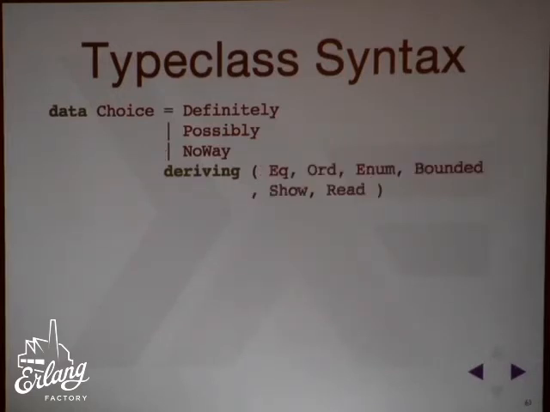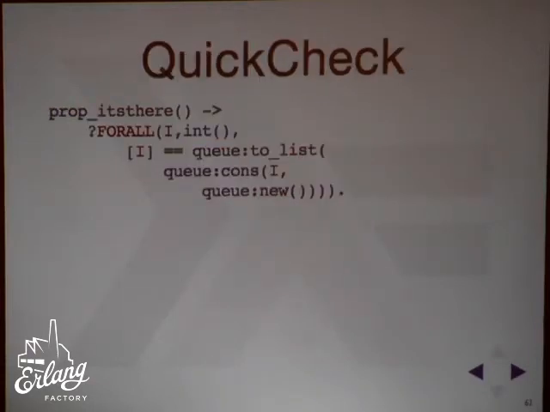And it can also automatically derive other type classes for you as well, like Ord to implement ordering, so less than, greater than. Enumerations, so if you wanted to make a range from definitely to no way, you could do that with Enum. Bounded, you could say that definitely is the minimum bound and no way is the maximum bound. And Show and Read, which convert to string or from string automatically.